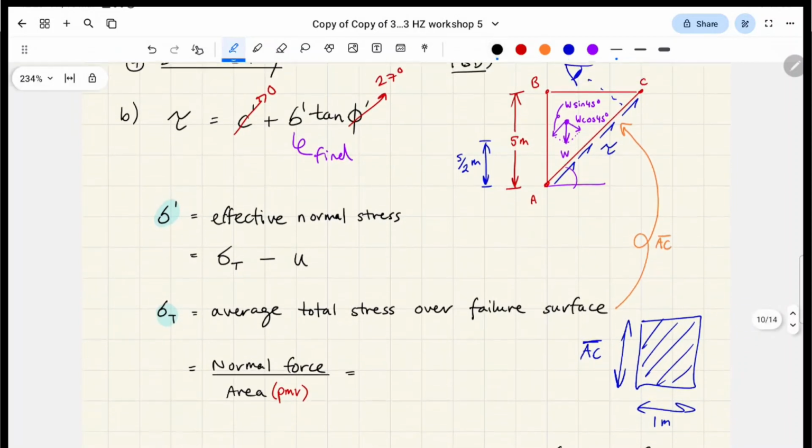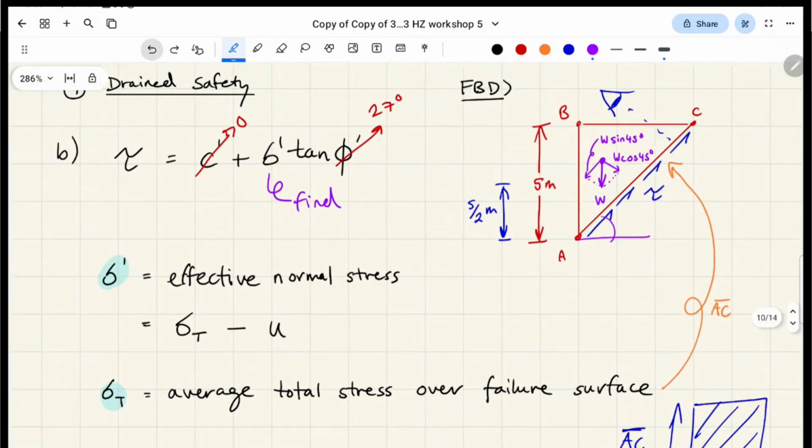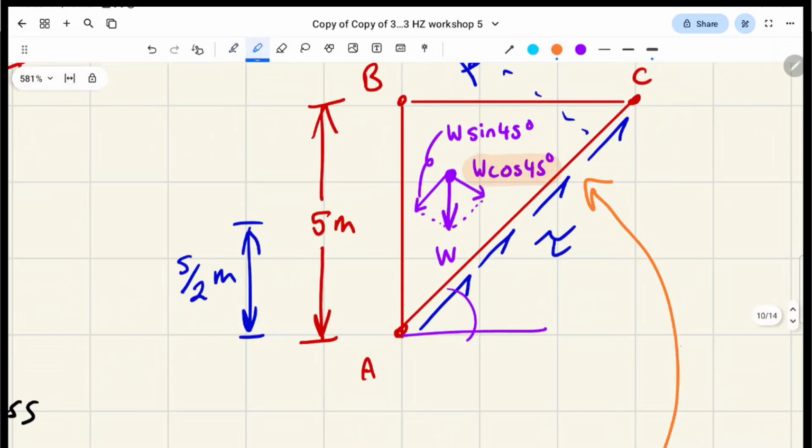So what's the normal force acting on that? Before we were considering the tangential or parallel force. Now we have to consider the perpendicular force, AKA the normal force, which is pushing against this failure surface.